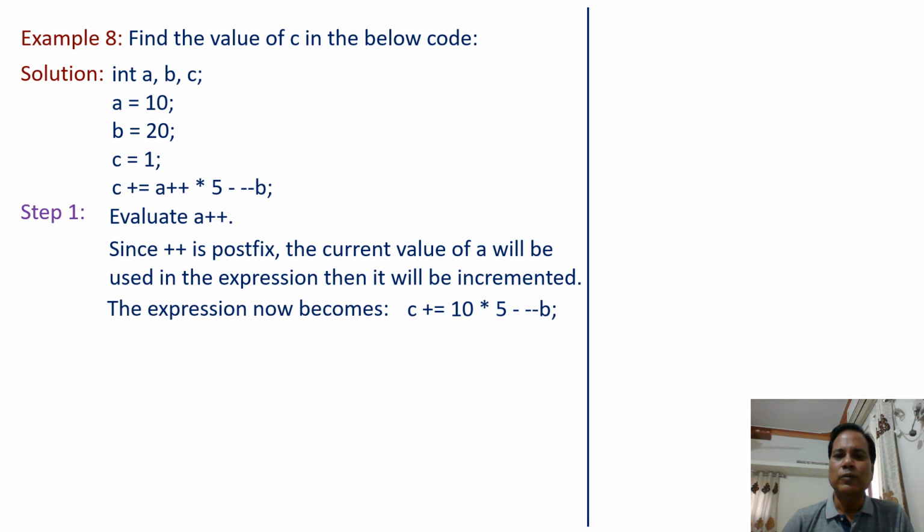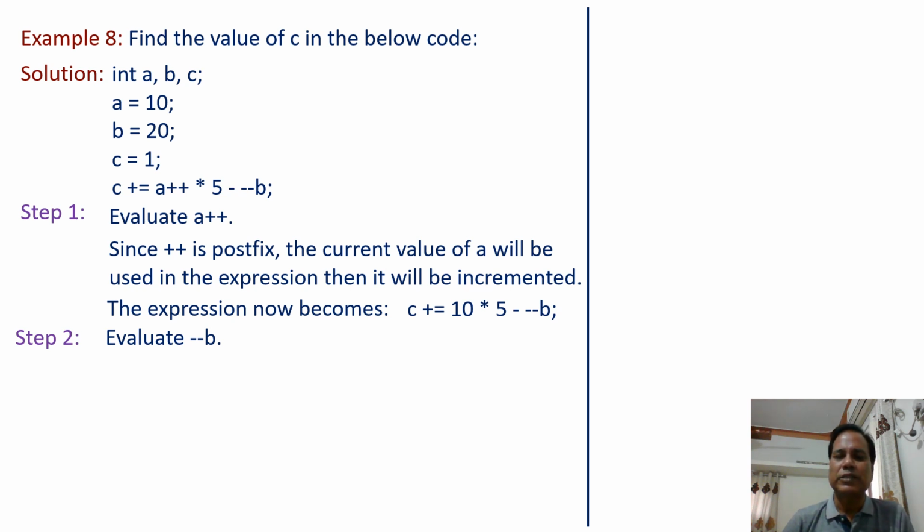So 10 * 5 - b. Now the next step naturally is going to be --b, because the pre-decrement operator has higher priority than the arithmetic operators multiplication and subtraction.